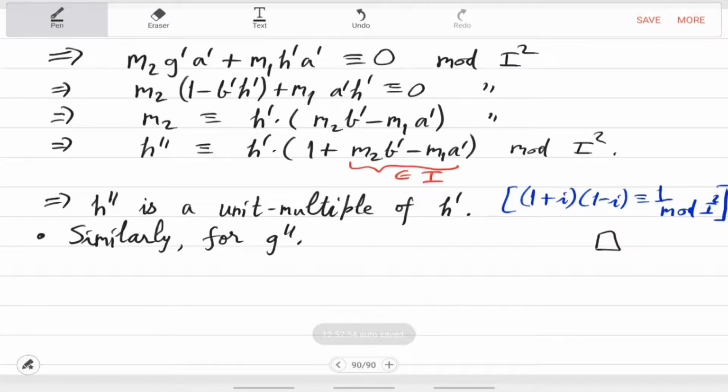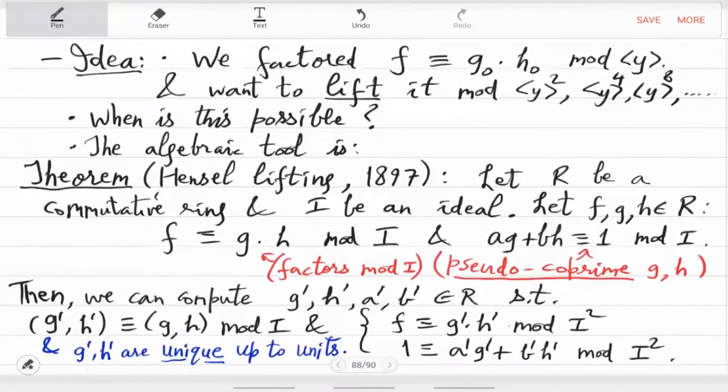Well, okay, there was one thing, that is the assumption of co-primality. This extra condition that we needed, AG plus BH equal to 1 mod I. What if GH is a non co-prime factorization? Will it lift mod I square? That is the only issue left.